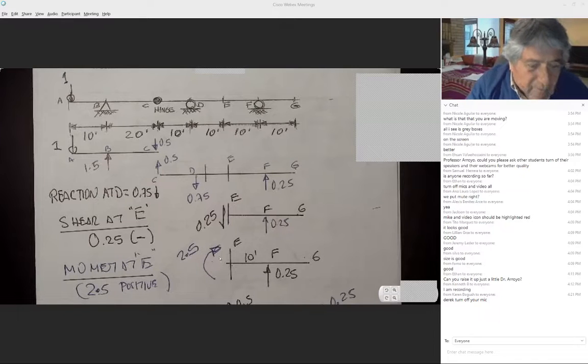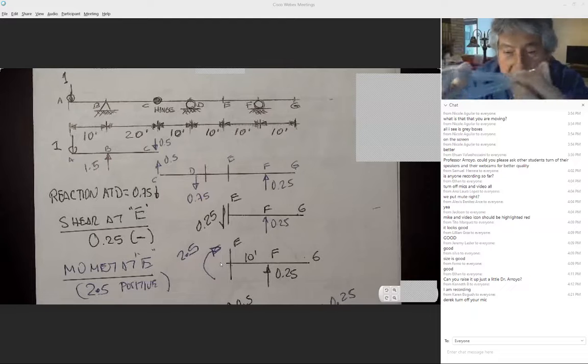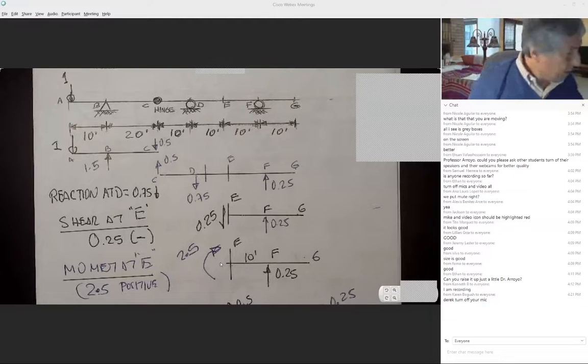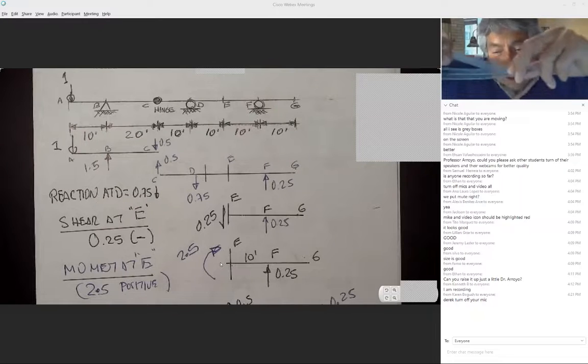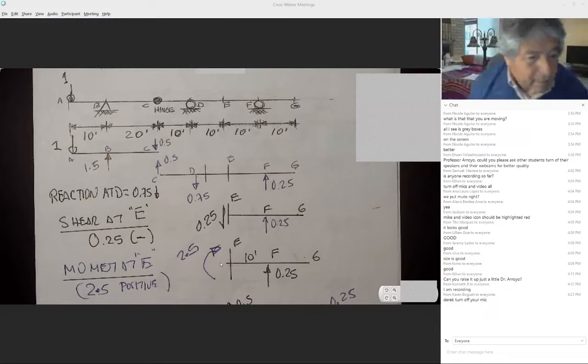Opposite, 2.5. Is this positive or negative? I'm writing in there that it's positive because if you look at the compression, that moment is putting the compression on the top. That's why it's positive and putting 2.5.